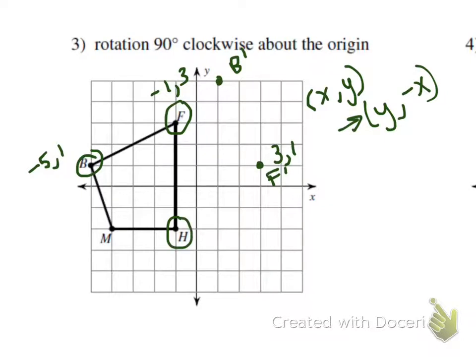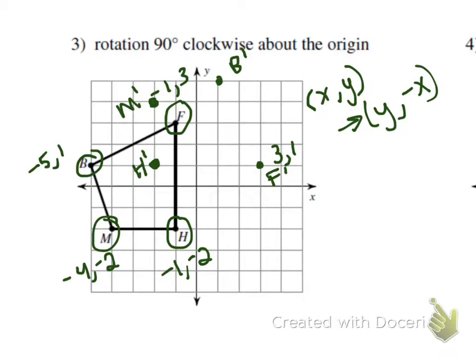H is going to go from (-1, -2) to (-2, 1). And finally, M is going to go from (-4, -2) to (-2, 4).